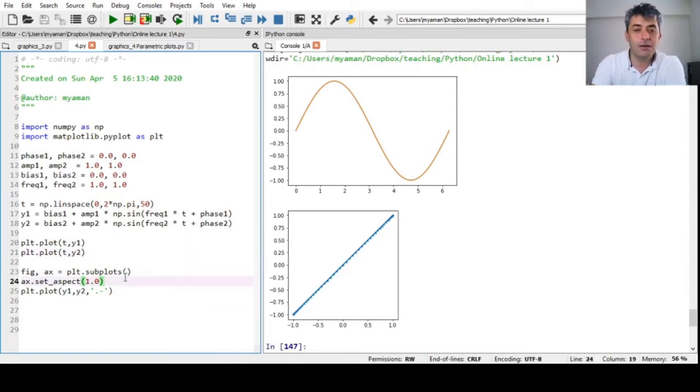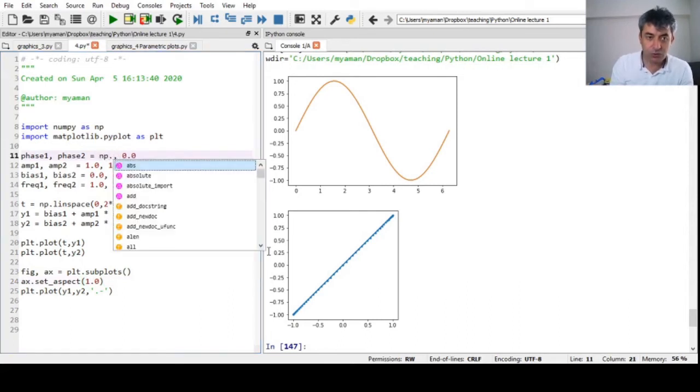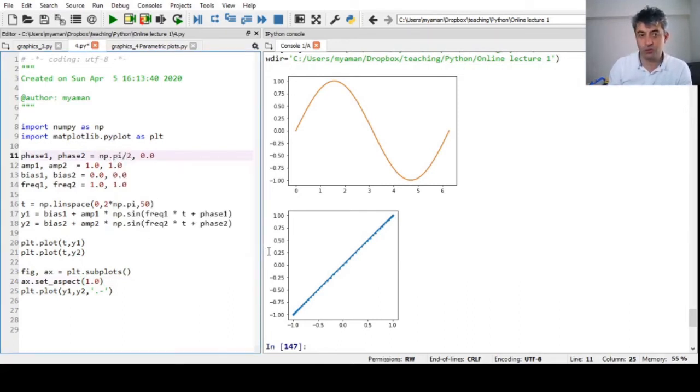Now let's explore by changing the phases, etc. How about we start by changing the phase of the first signal to pi over 2. Remember, this phase will make the first curve a cosine, and the second one will still be a sine.